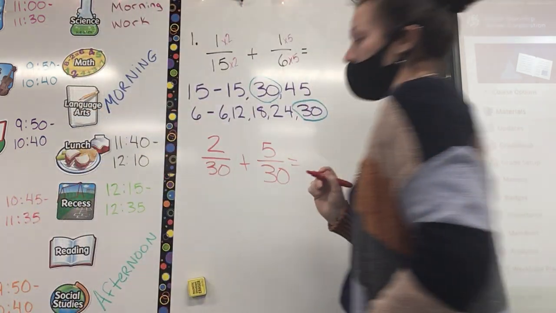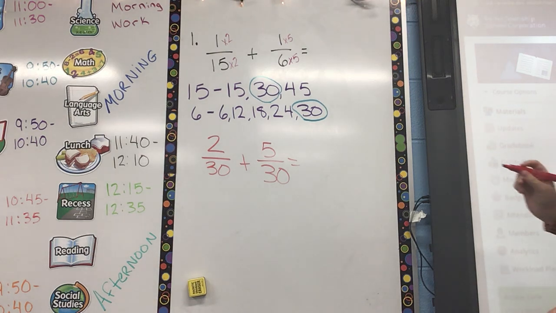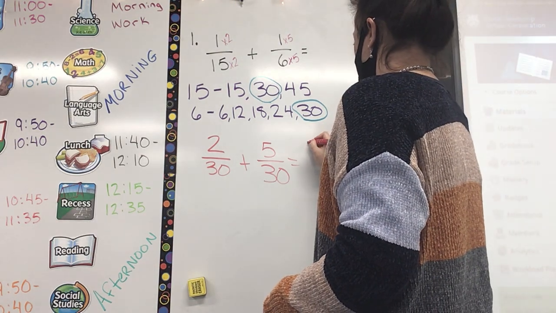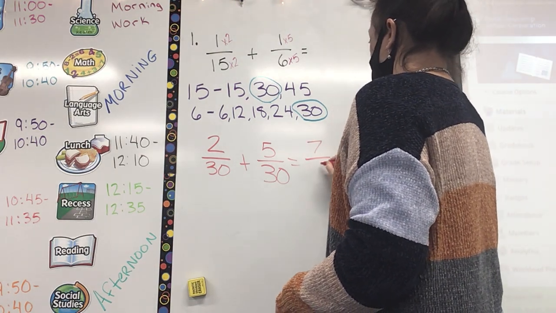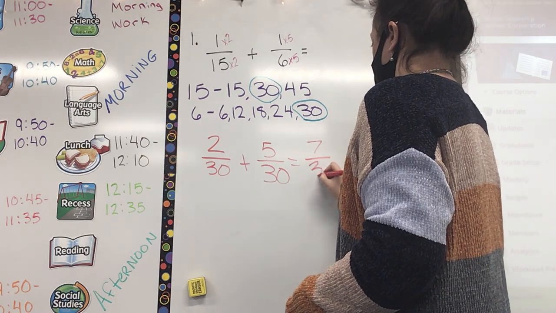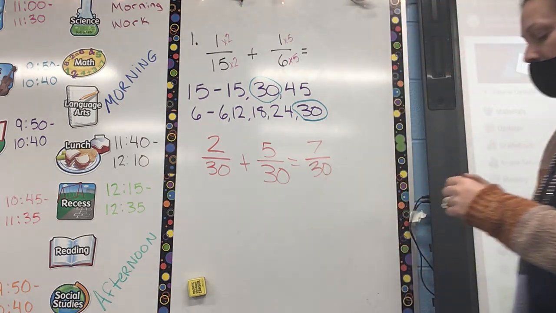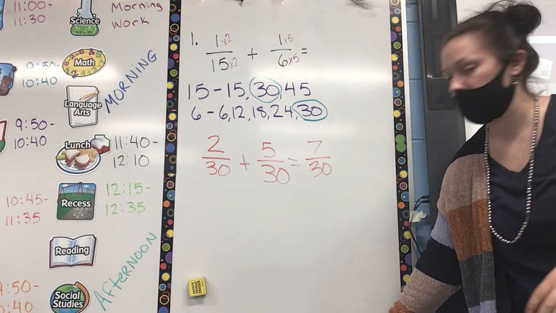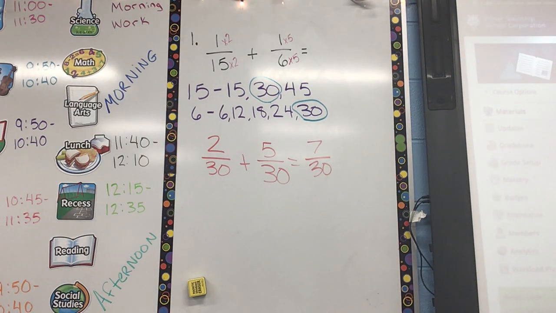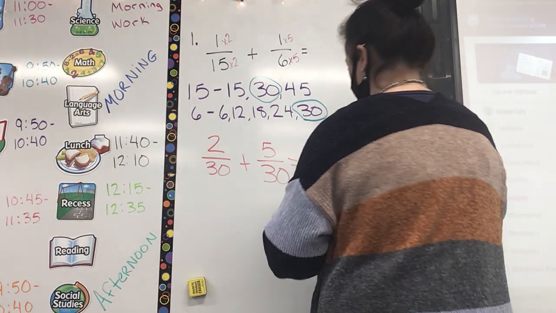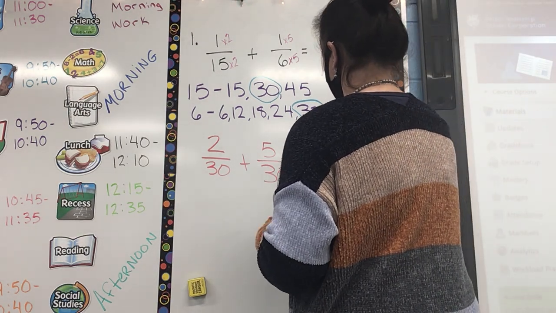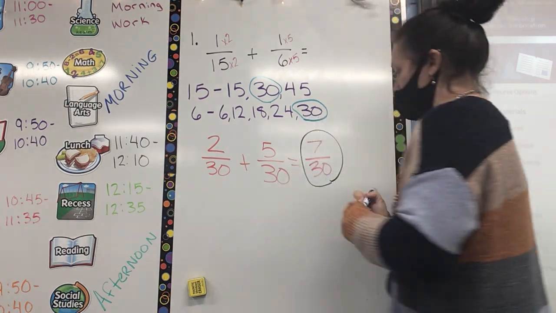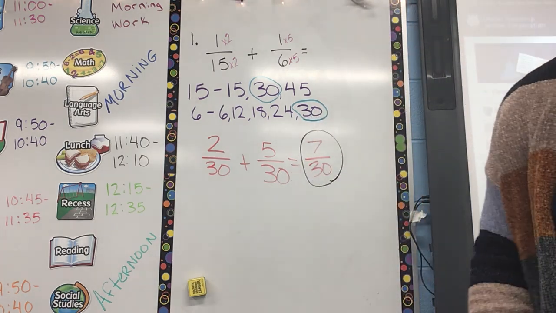My numerators now, I can add, right? 2 plus 5 is? 7. My denominator stays the? Same. And my last step is I need to check for what? Simplifying. Can I simplify that? No. Nope. So my final answer is 7 over 30. 7/30. Very nice. Good job, guys.